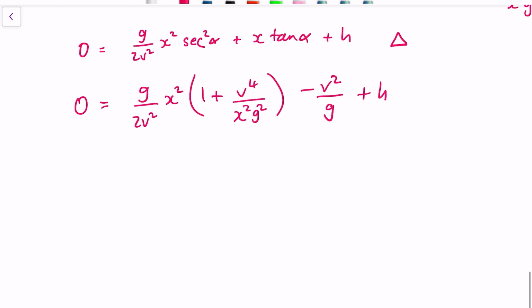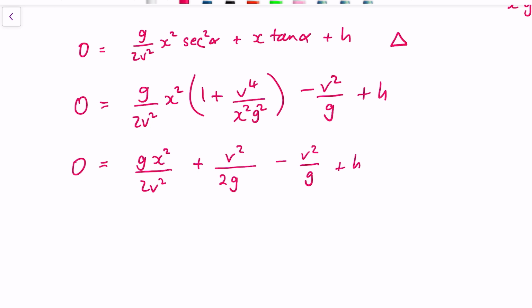And then if we just tidy this up and solve for x, there's only one term that's got an x in it, gx squared over 2v squared plus, and expanding that bracket, one of the g's cancels top and bottom, the v squared cancels, the x squareds also cancel, so we're left with v squared over 2g, minus v squared over g plus h.